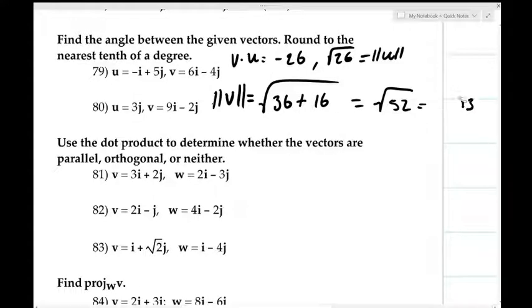We can probably use it better if we do it like this. Right, so square root of 2 times square root of 26.